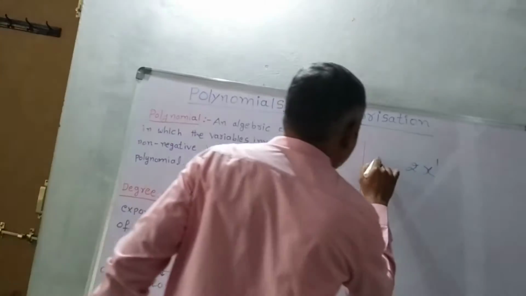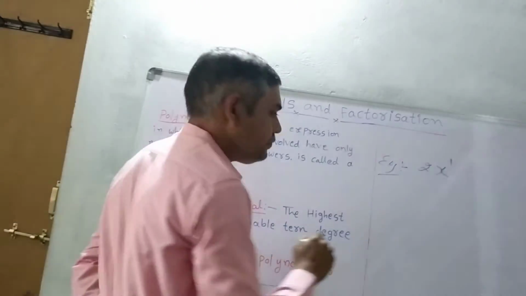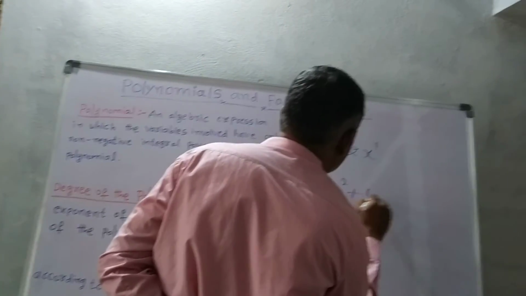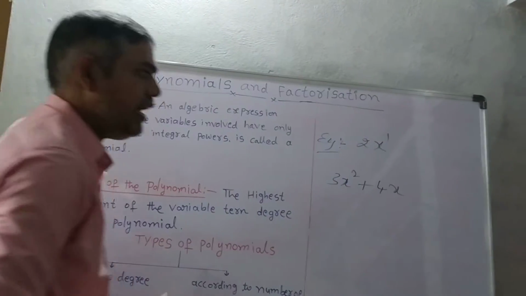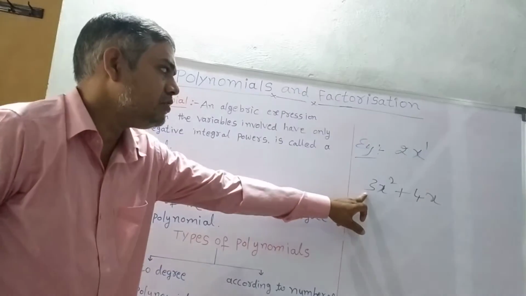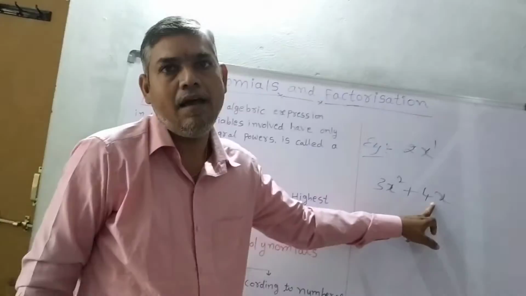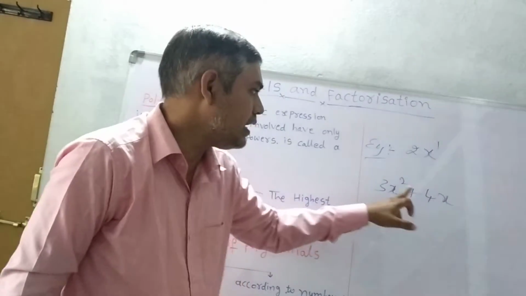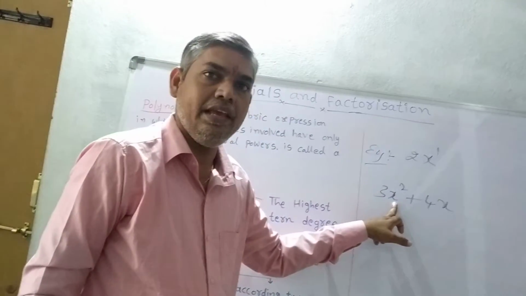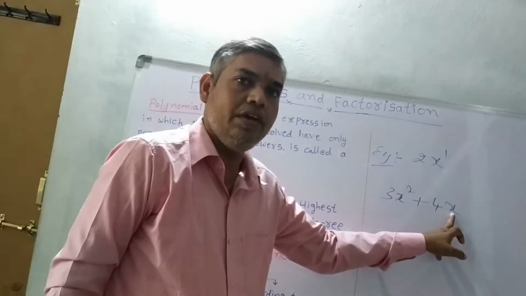Now the second example: 3x square plus 4x. This is a polynomial according to our definition. 3x square is an algebraic expression and 4x is also an algebraic expression. Why? Because 3 is an integer, x is a variable, 4 is an integer and x is a variable.